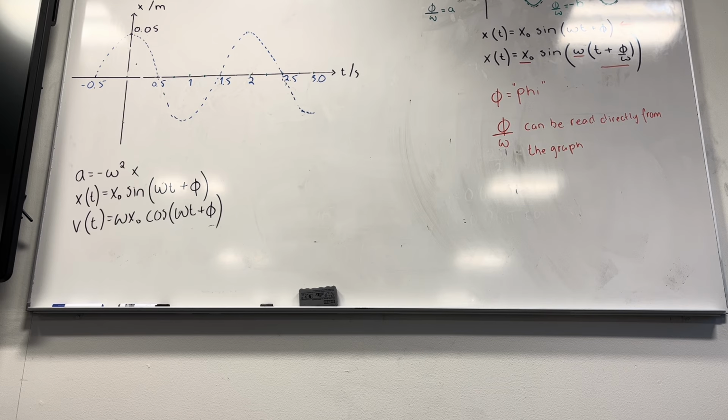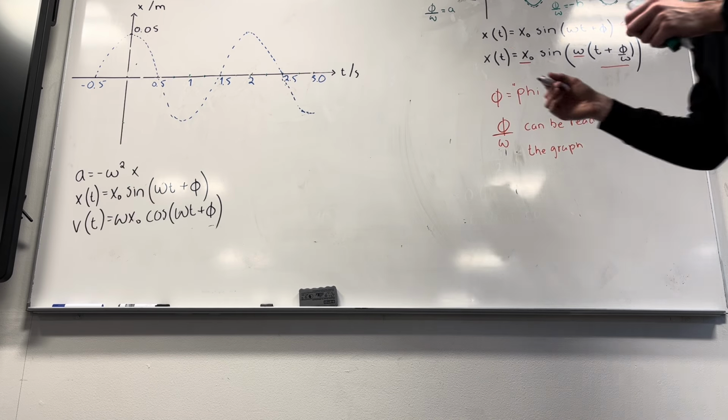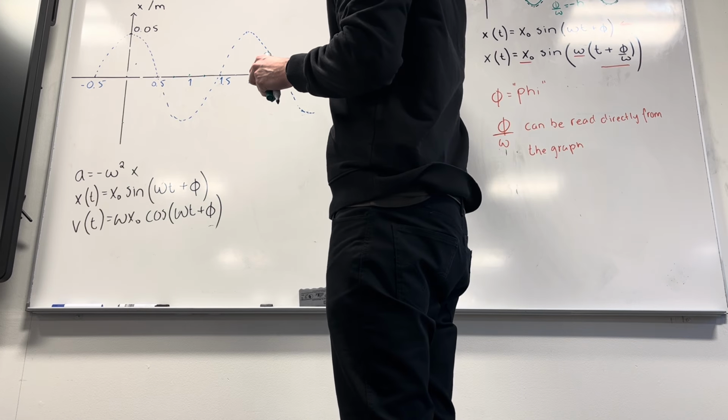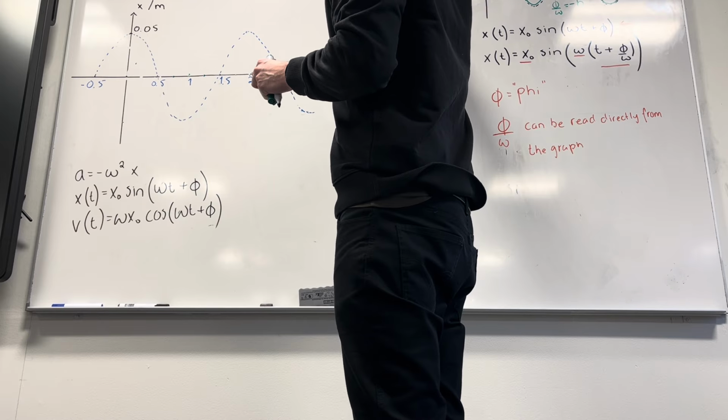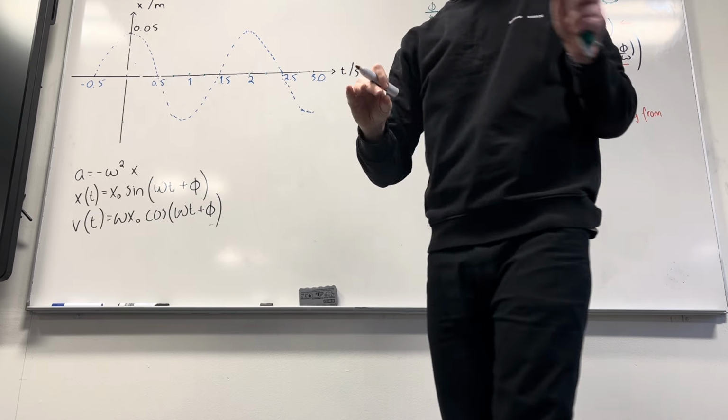The period is defined as the time taken for one oscillation. It's from minus 0.5 to 1.5, which is 2. Good. The period is 2, so omega is equal to pi. All right.